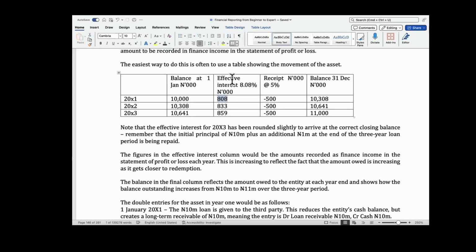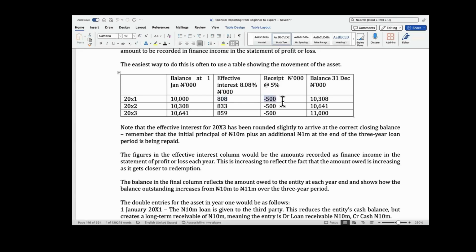Wow, nobody. Well played. Okay. This 808 will simply credit P&L, and debit the financial assets, or instead of debiting the financial assets, you can debit interest receivable. Okay.